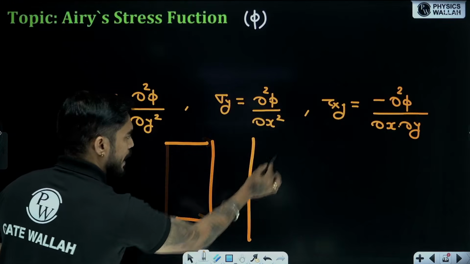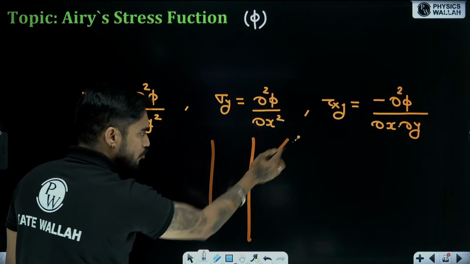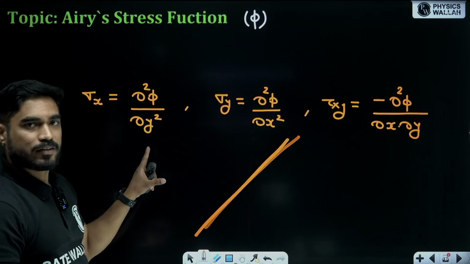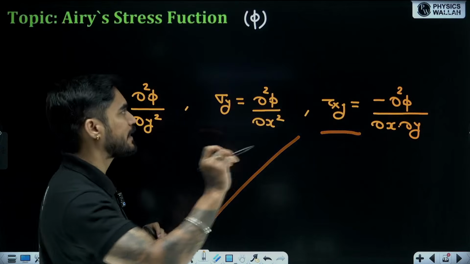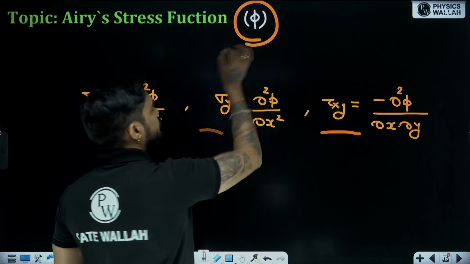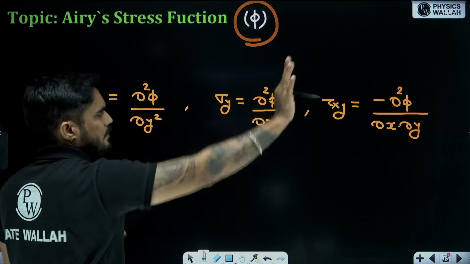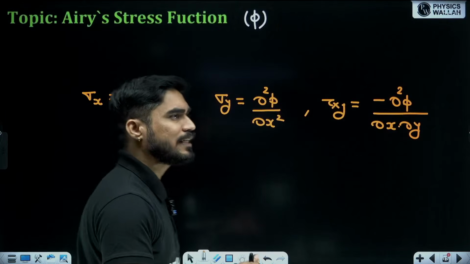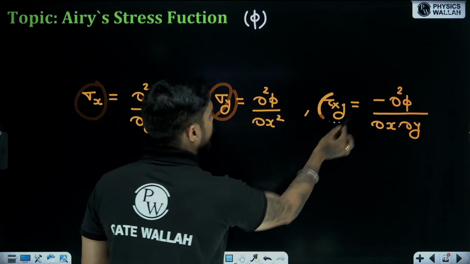It will give you the entire equation of stress, sigma x, sigma y as well as tau xy, by using one single function phi. You don't have to find the equation of sigma x separately, sigma y separately, tau xy separately.